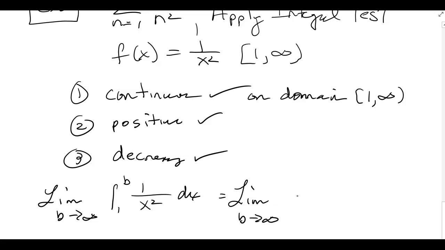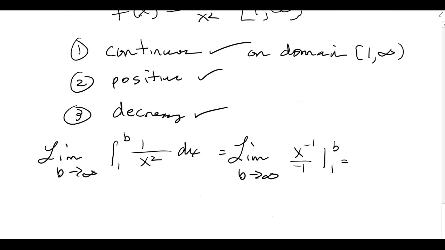Which becomes x to the negative 1 over negative 1. That's the integral from 1 to b. So it's the limit, plug in b. So it's negative 1 over b minus negative 1 as b goes to infinity.